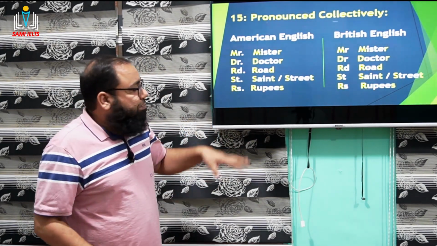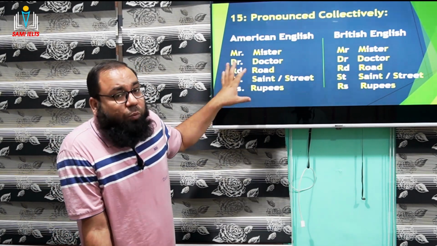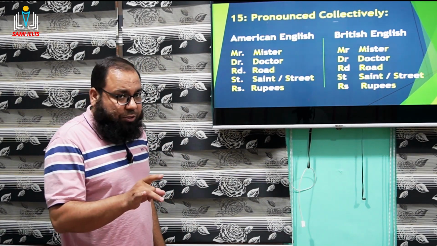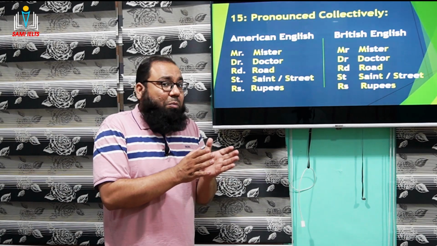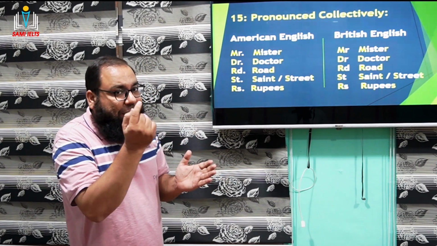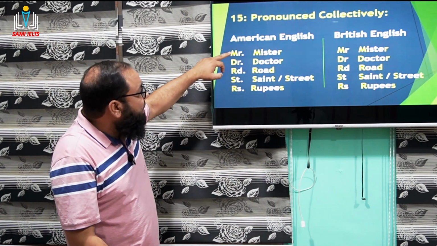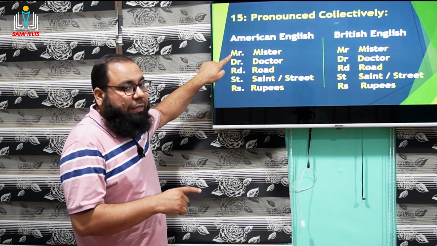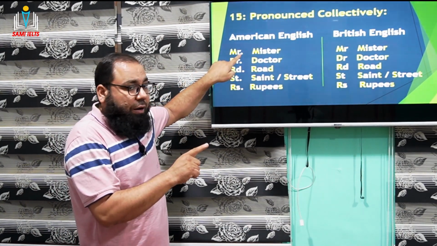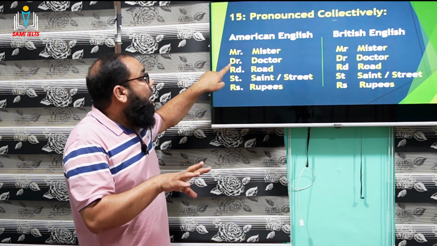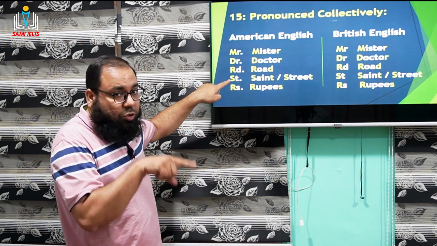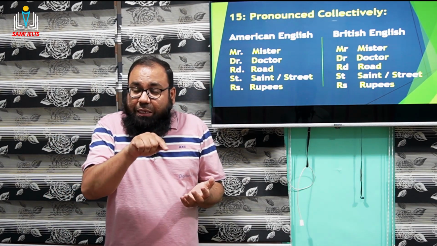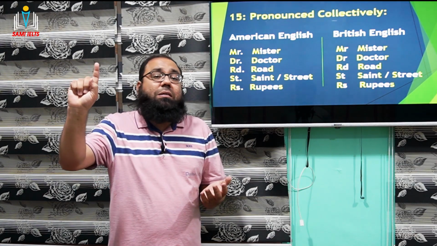Now, please, guys, remember those abbreviations which are pronounced collectively. These abbreviations are always written with a capital first letter, but only the first letter is capital, and the remaining must be small. For example, Mr., only M is capital, not R. Dr., only D. Rd., only R. St. for street, S. Rs. for rupees, R. Pvt. for private, P is always capital and vt always small.